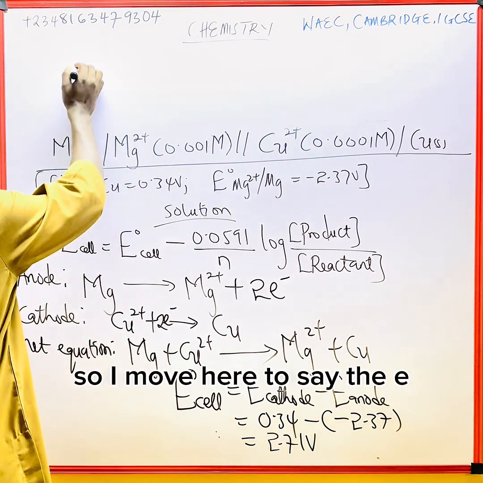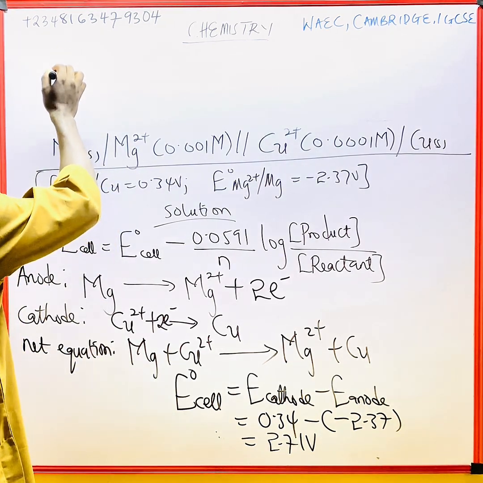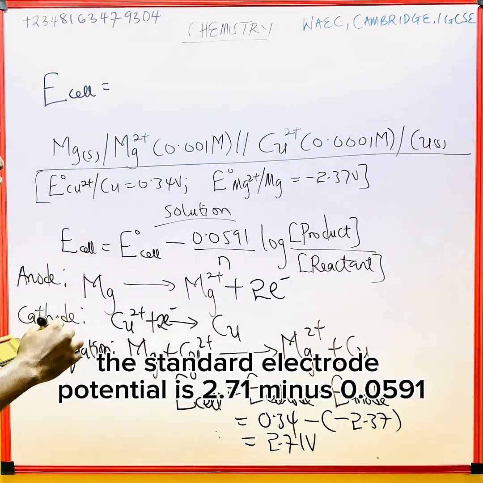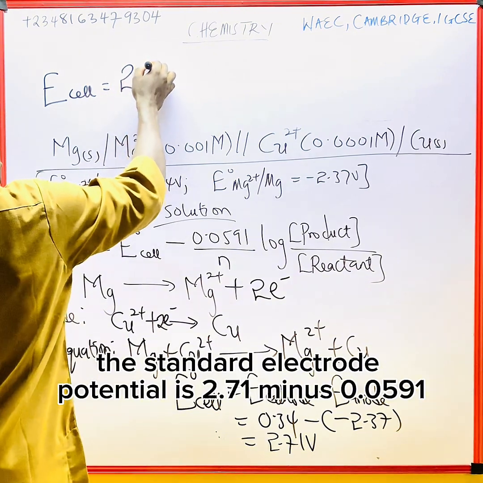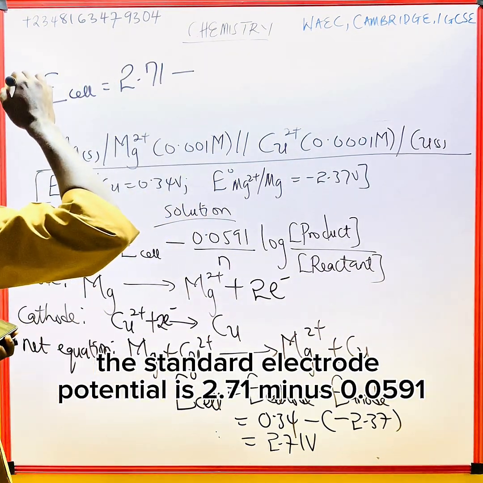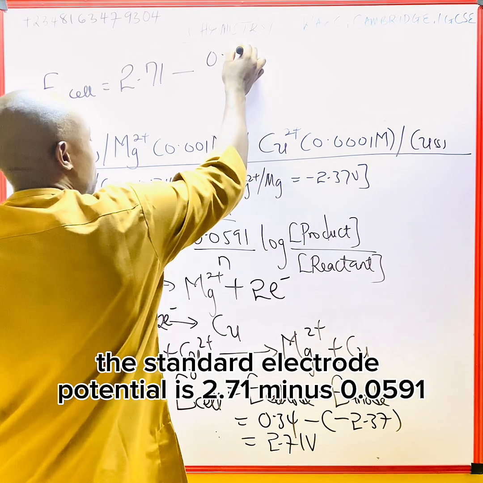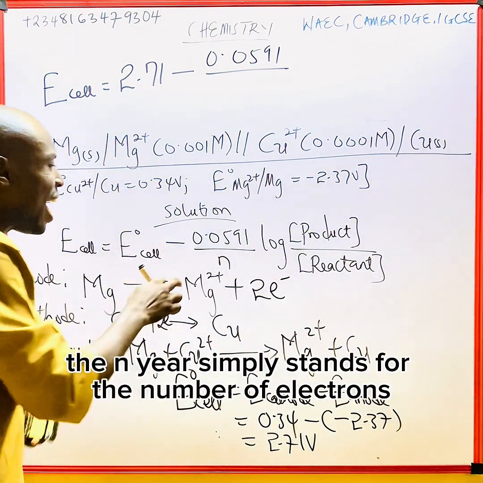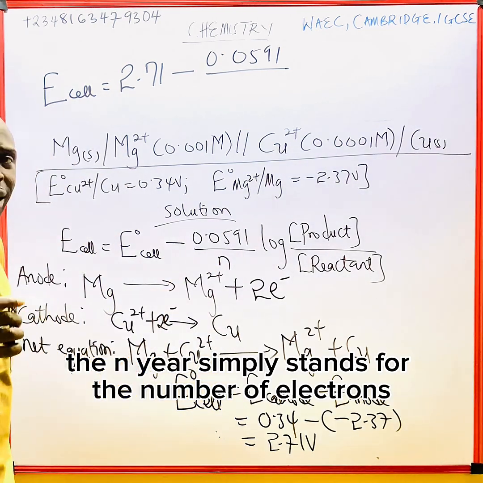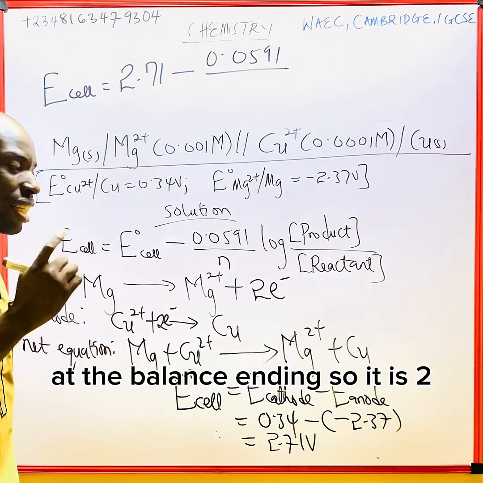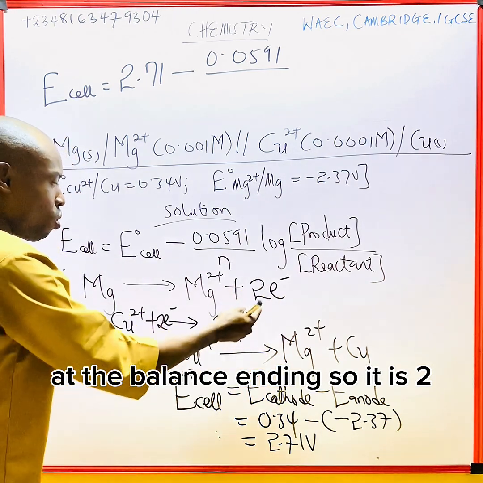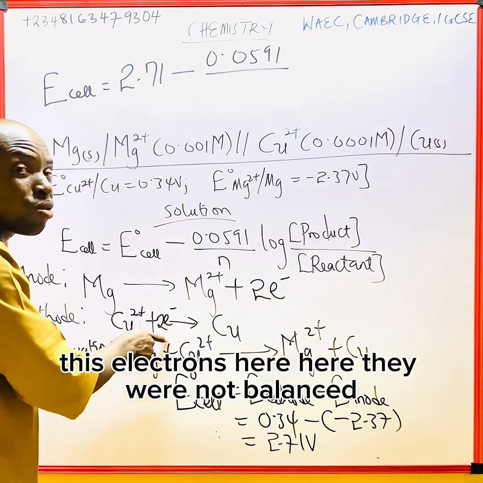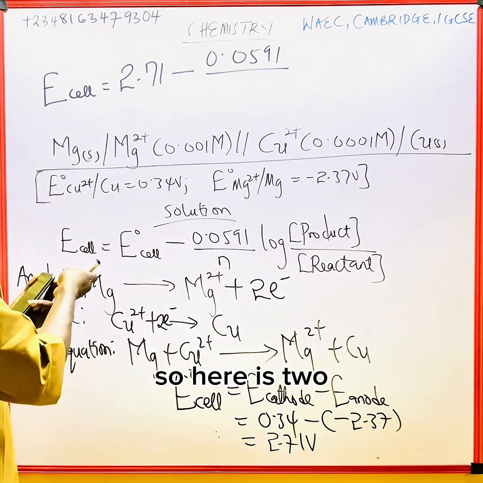So E of the cell is equal to the standard electrode potential, which is 2.71, minus 0.0591 over n. Take note, the n here simply stands for the number of electrons at the balanced end, so it is 2. You have balanced the electrons first before you use it.